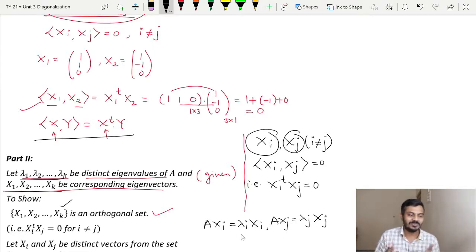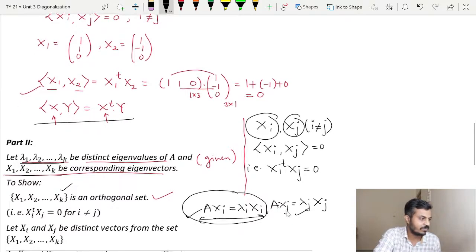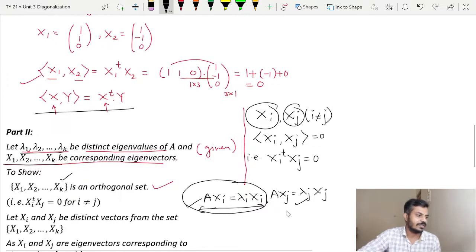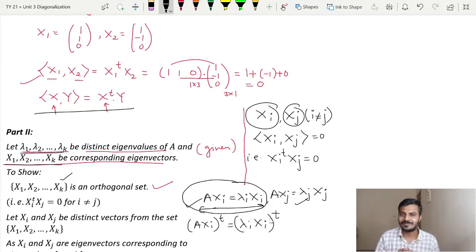Now let us move towards our idea of proving this theorem. Either you can consider this or this, the choice is yours. I will start with this and simply take the transpose on both sides. So I will get (A xi) transpose equal to lambda i xi transpose. Now this is not the conjugate transpose, it is just the usual transpose.